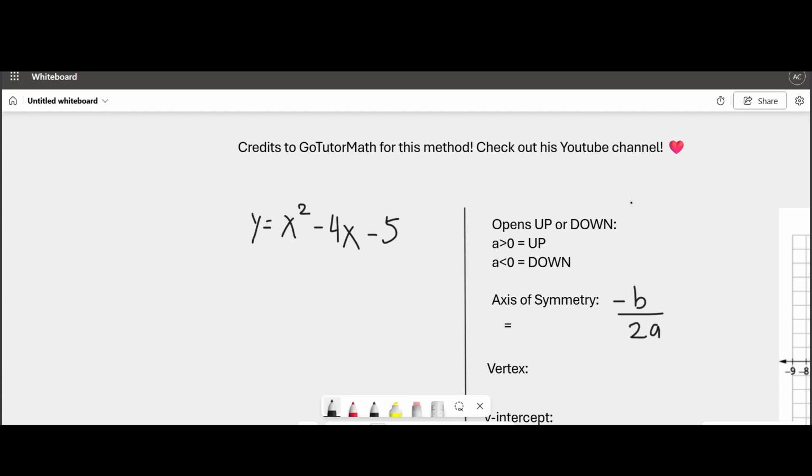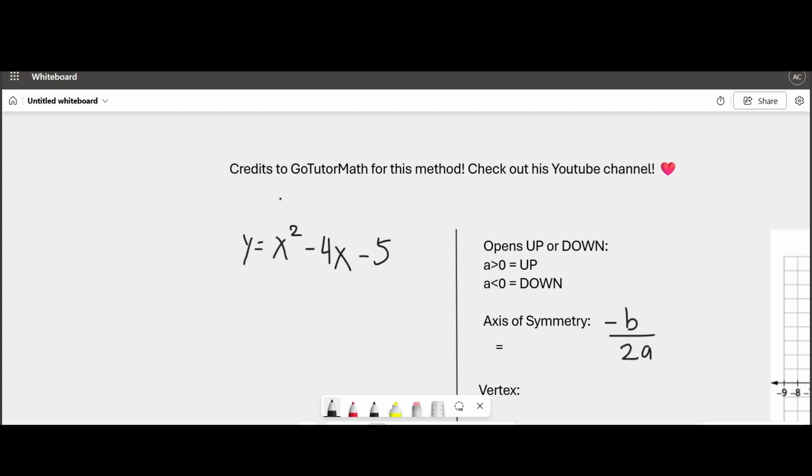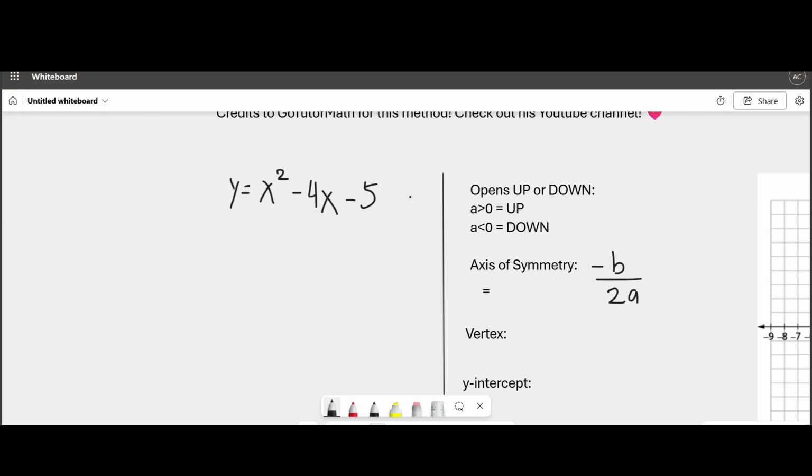We have to know if the parabola opens up or down, and we're going to know that by looking at a, because this quadratic function basically just follows the ABC pattern. Essentially, we're just going to check if the first number here is greater than 0 or less than 0.